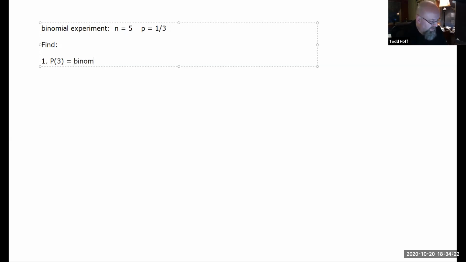So this is just a single value, x equals exactly 3. I'm going to put this in words: exactly 3 successes. That's probability that x equals 3. And that's going to use a binom PDF because it's exactly equal to 1 value, to 3. So let's go to the calculator here.